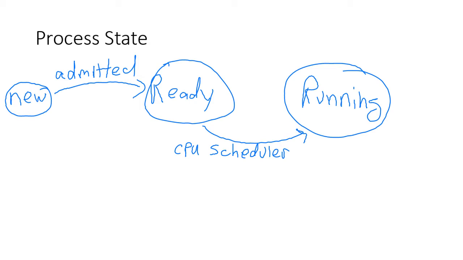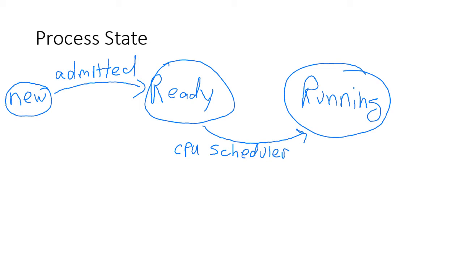So when the CPU becomes free, the CPU scheduler has available to it a means of having a list of all the processes whose state is ready, because those are the ones that can end up in the running state.